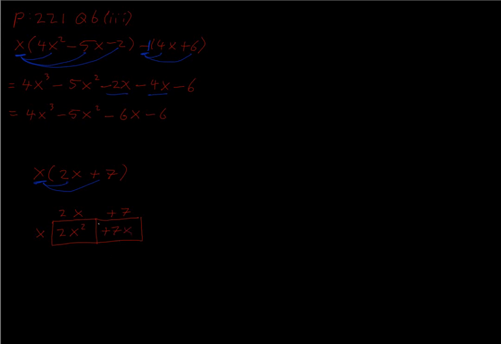So this area method allows me to find out that multiplying out this bracket will give me 2x squared plus 7x, and I know that if I multiplied it out this way, I'd end up with x by 2x plus x by 7, which would give me 2x squared plus 7x, which is the same answer.